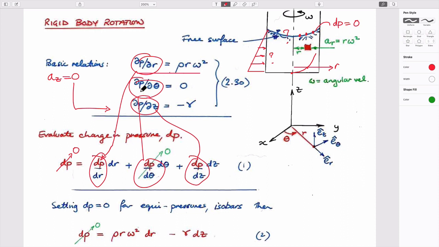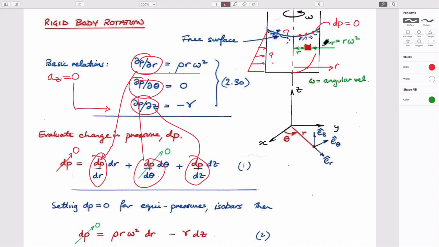And the other one here is that the pressure change as you go tangentially around the bucket doesn't change either. That kind of makes sense. If you went around the surface of the container, and this wasn't equal to 0, you'd be climbing up the surface, and all of a sudden you'd get back to the same point but you'd be too high, and you'd have to drop down.